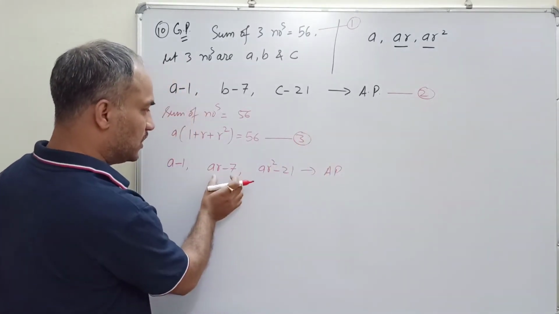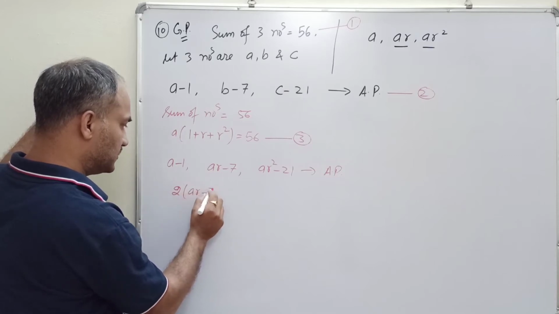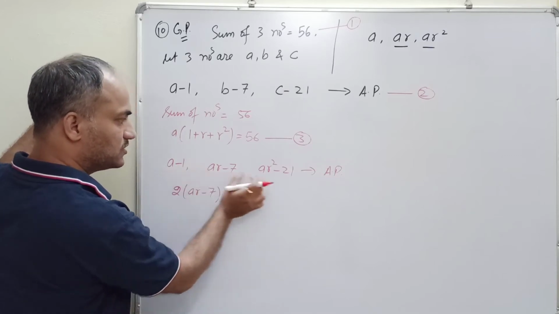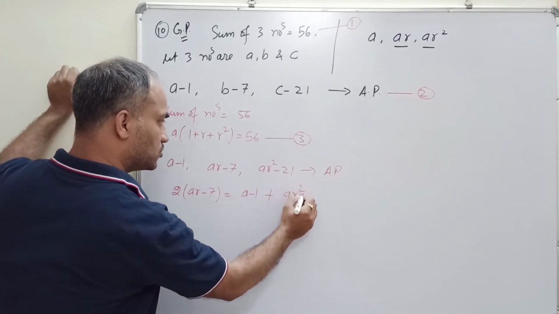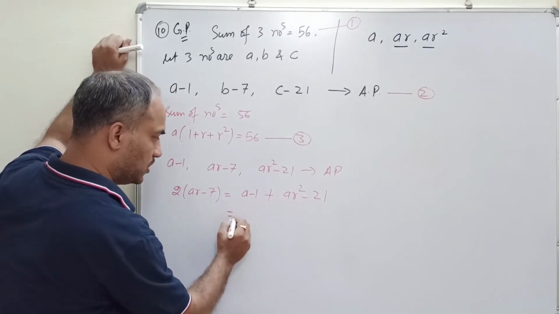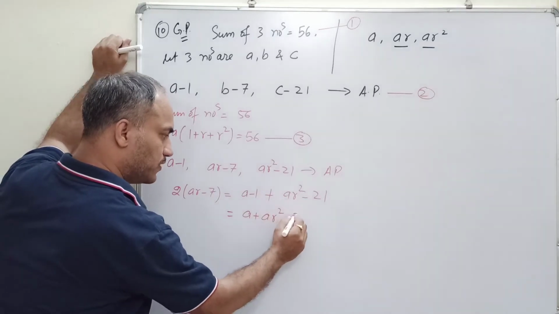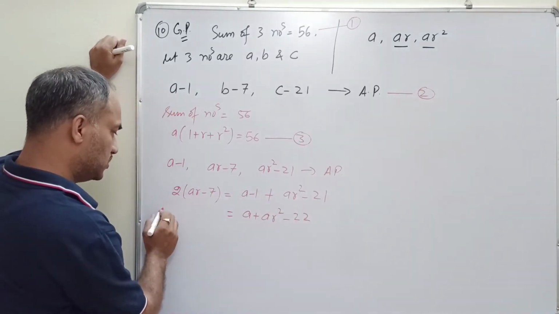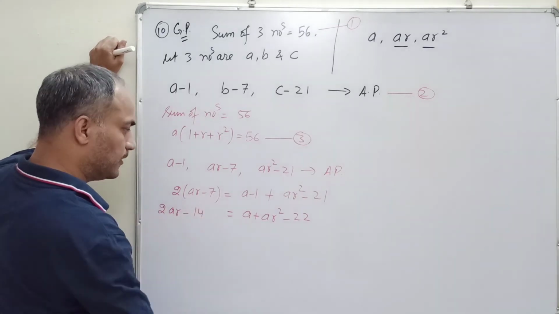So double of the middle term, 2 times AR minus 7, is equal to the sum of the other two: A minus 1 plus AR square minus 21. So what we get from here: A plus AR square, minus 21 and minus 1 becomes 22, and this is 2 times AR minus 14.